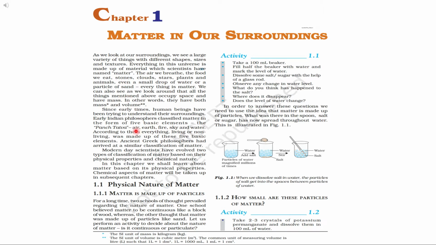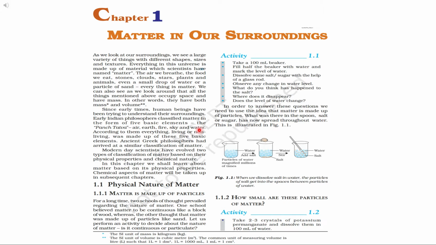They are air, earth, fire, sky, and water. According to them, everything, living or non-living, was made up of these 5 basic elements. Ancient Greek philosophers had arrived at a similar classification of matter.